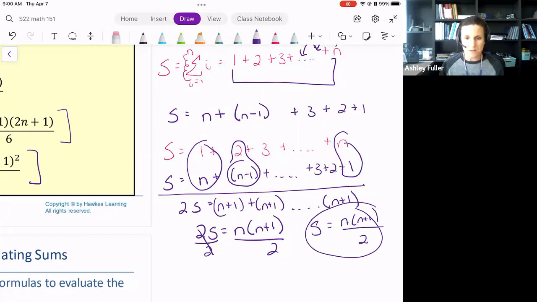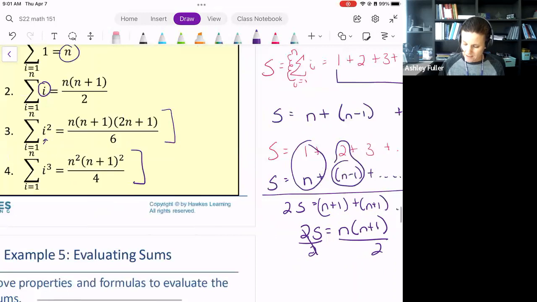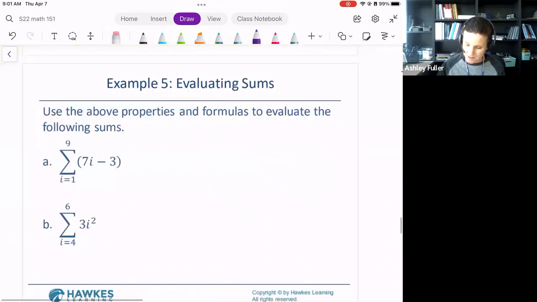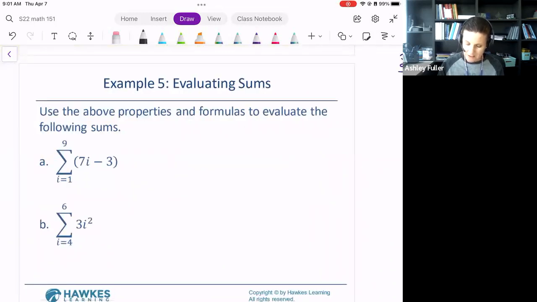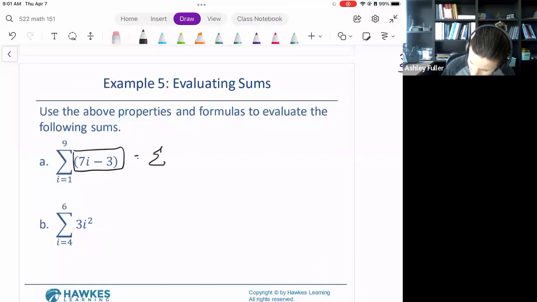Let's use some of these properties that we've just looked at to practice evaluating sums. So for example, here in choice A, notice we can split these two based on the properties of addition. So I can rewrite this as the sum of i equals 1 to 9 of 7i minus the sum from i equals 1 to 9 of 3.